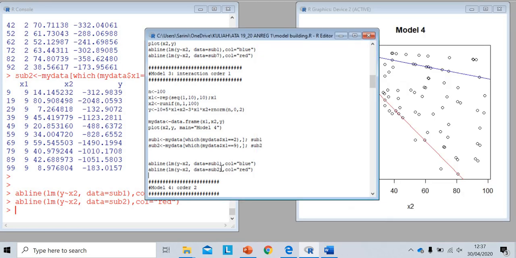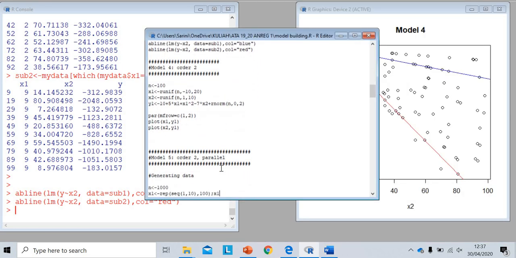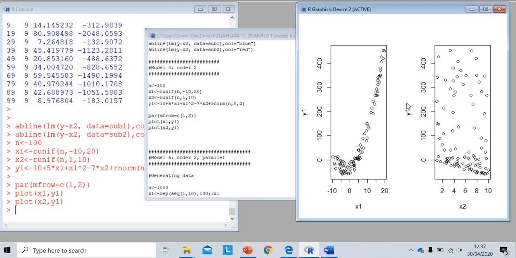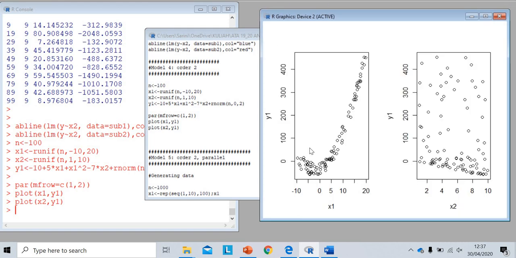Now, another possible pattern here, let's see something like this. Okay, if you have this kind of pattern, so for x1 it is like this, for x2 it is like this.